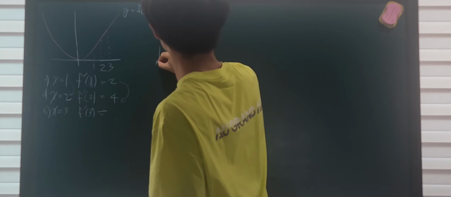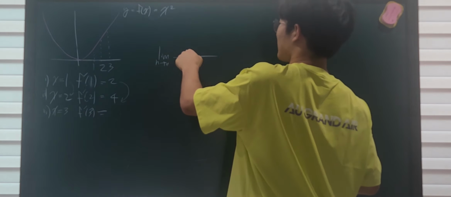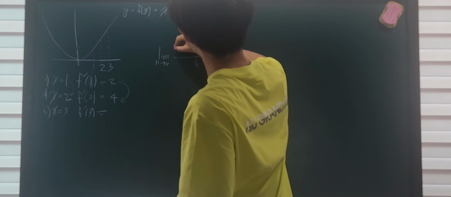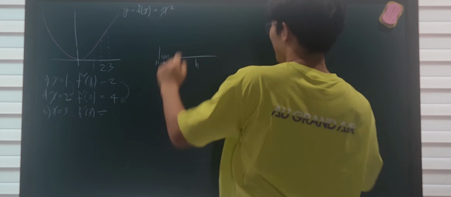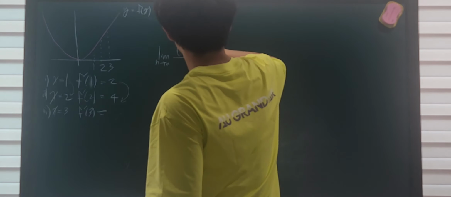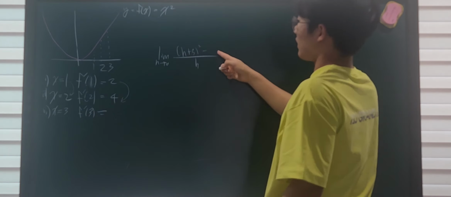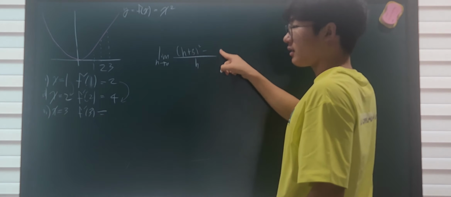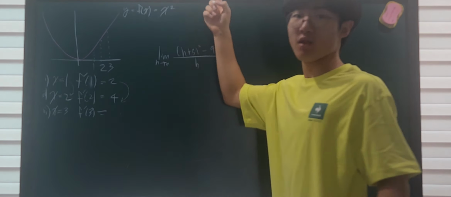First, also using the first principle, this is going to be f(3 plus h) minus f(3). If I plug in 3 plus h in place of x, it's going to be (h plus 3) squared minus f(3), and f(3) is 9, because it's 3 squared.